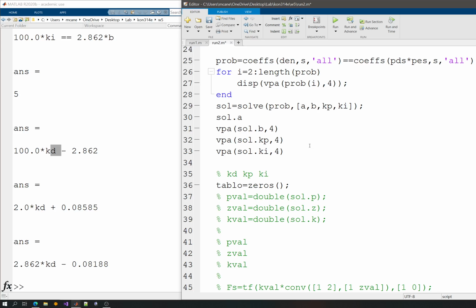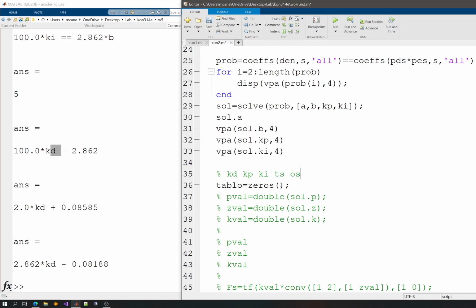So let's just take controller parameters. Since once I have KD, KP, and KI, I can define my FS. I can look at the closed loop, and I can use the step info function of the control system toolbox in order to get some overshoot and settling time values. So I might get some experimental settling time and overshoot values that are coming from the experimental side. So I will try to validate that. Let's keep it at that.